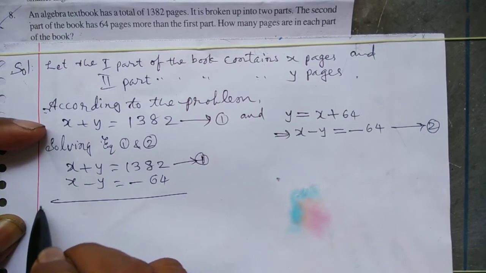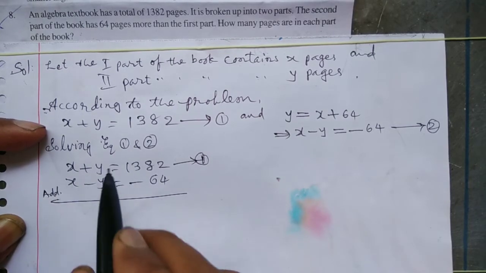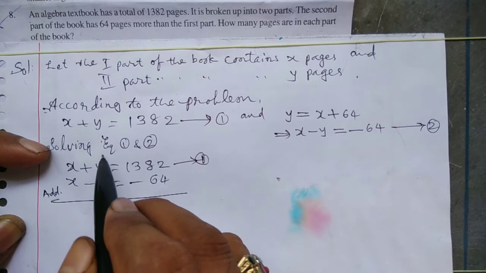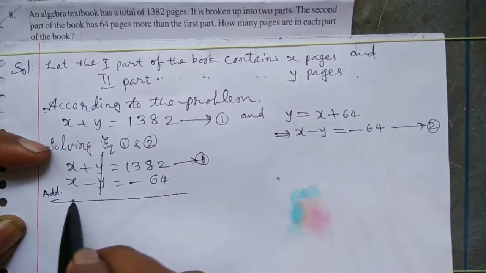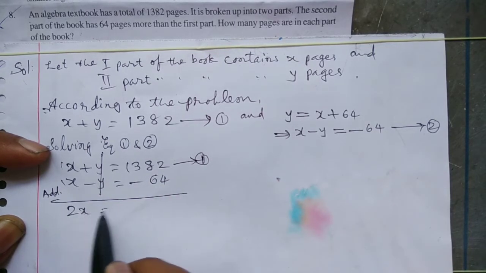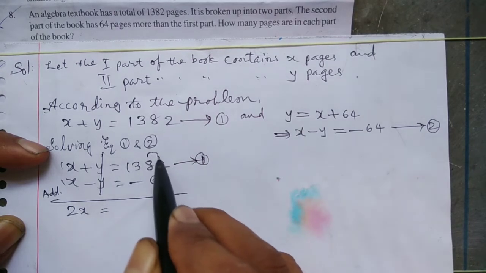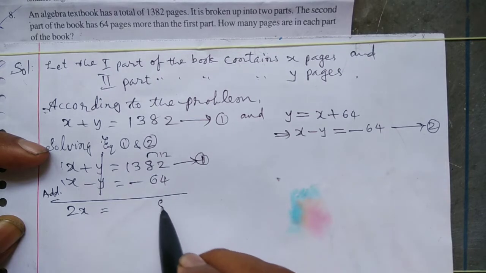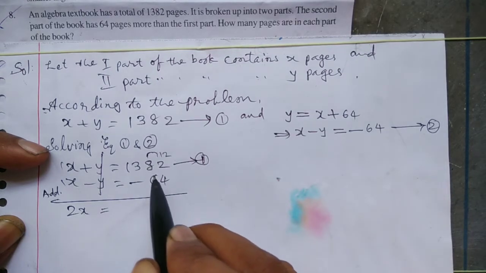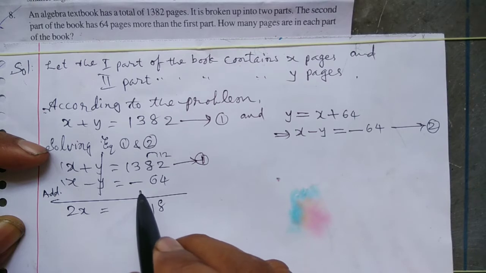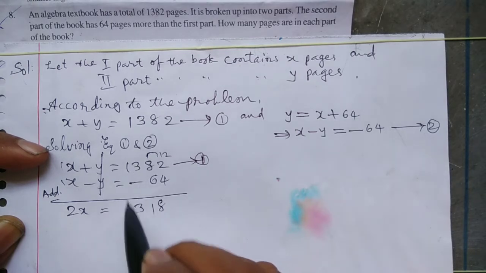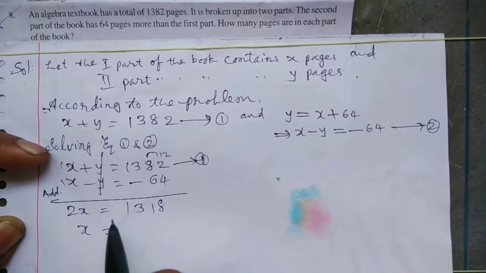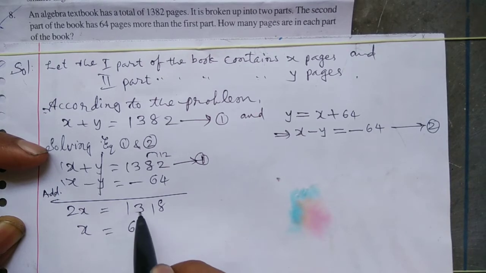While adding these equations, we can cancel the y terms. 2x is equal to 1382 minus 64, which is 1318. x is equal to 659.